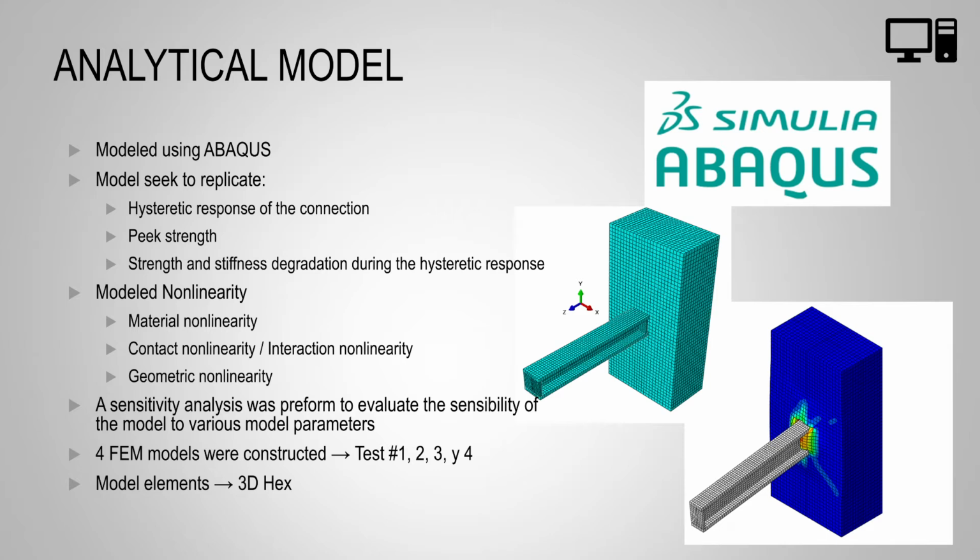It is important to note that in the experimental results, the steel column remained essentially elastic, so in the analytical model, the material nonlinearity was applied only to the concrete. 4 models were developed to try to replicate test number 1, number 2, number 3, and number 4.